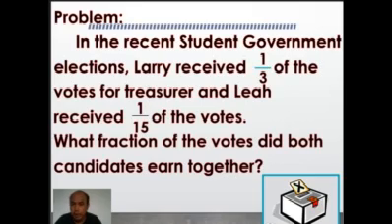So this is the problem. In the recent student government election, Larry received one-third of the votes for treasurer and Leia received 1 over 15 of the votes. What fraction of the votes did both candidates earn together?